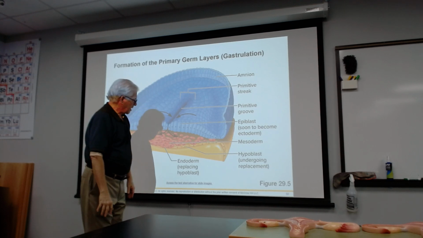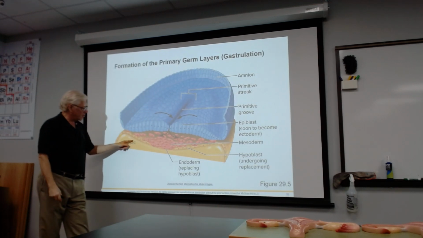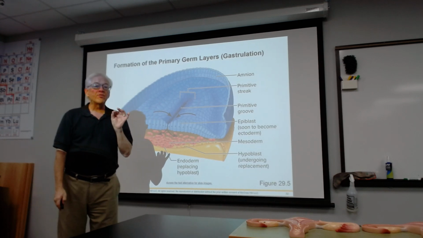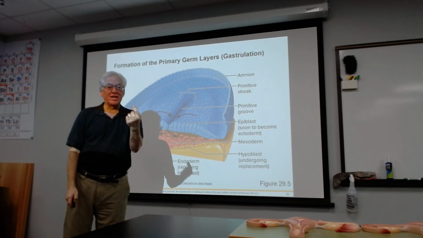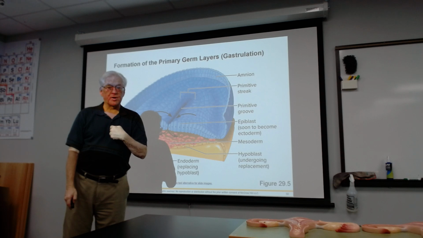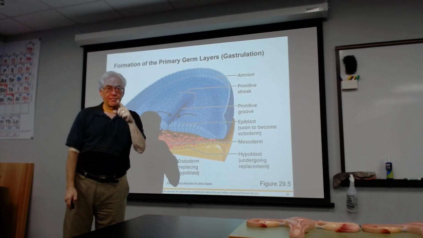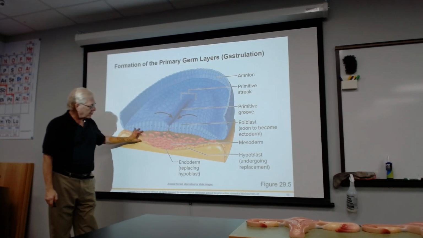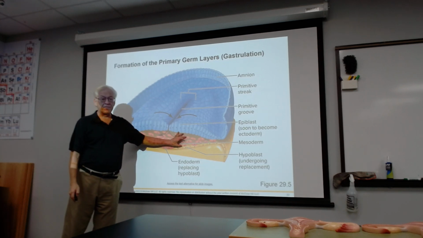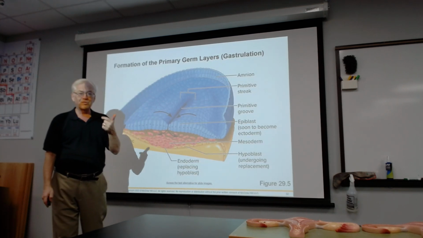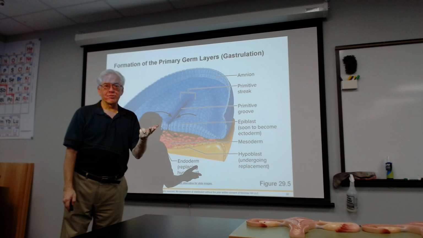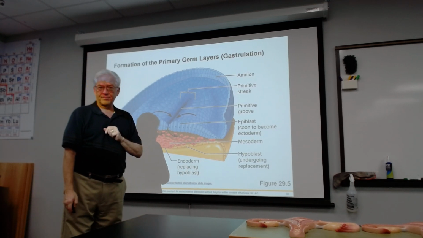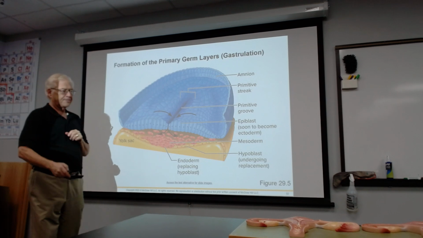Now, this bottom layer, the one around the yolk sac, becomes the lining of all of your hollow organs: your mouth, your esophagus, your trachea, your intestines, all the way down to the rectum. And the layers in the middle become everything else: all your bones, your muscles, your cartilage, your connective tissues. Cool beans? All right. What else?